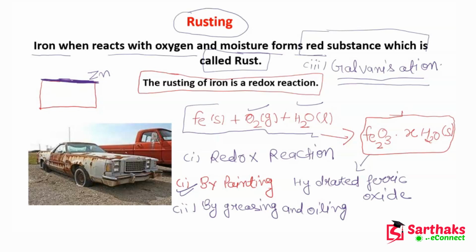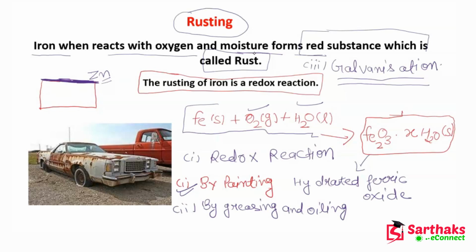This layer will work as a prevention, and it will keep our iron safe from being in touch with oxygen and moisture. Because zinc is highly reactive, firstly it will react with oxygen and save our iron, or it will prevent our iron from being corroded. I hope guys this galvanization is clear to you.